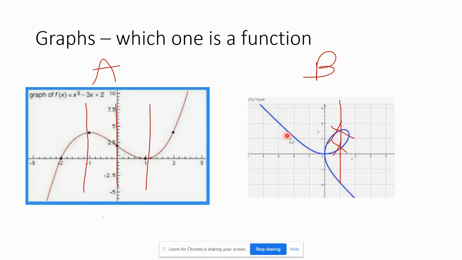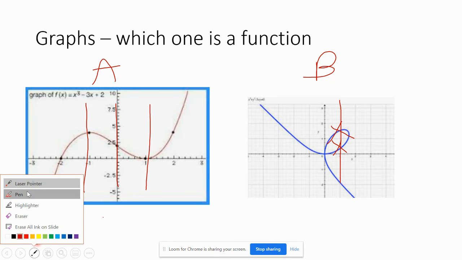Right here, it's still sort of a function. Once it hits here, it makes this circle or ellipse, and it is no longer a function. Here, it's a function, as you could just slide along the graph. Sometimes this test is much harder. Not all functions always look like functions.